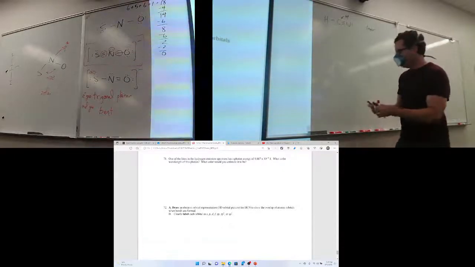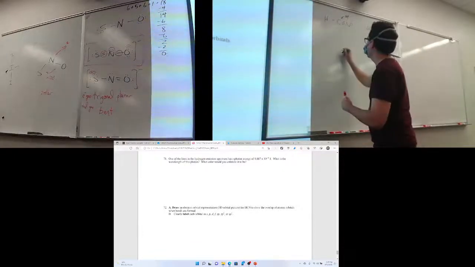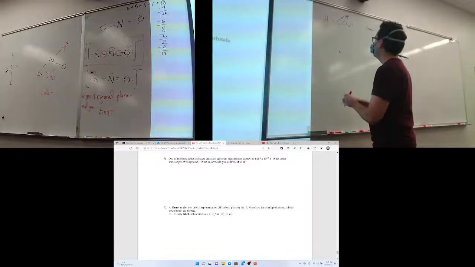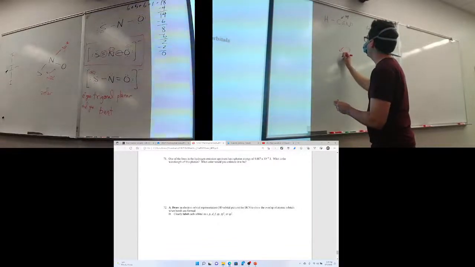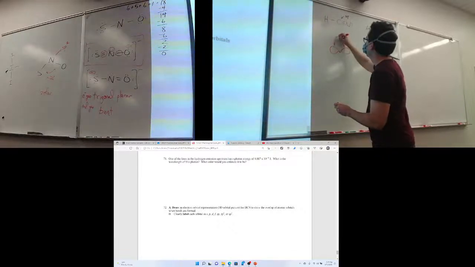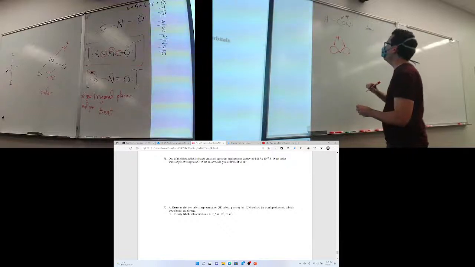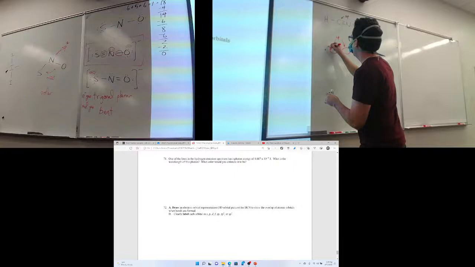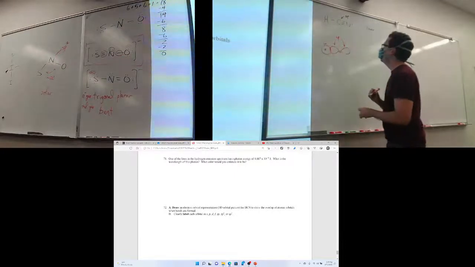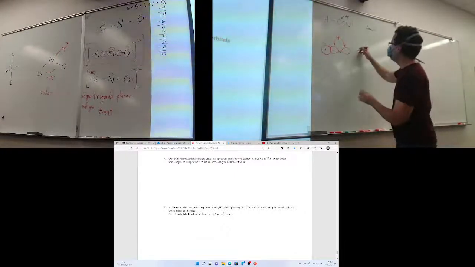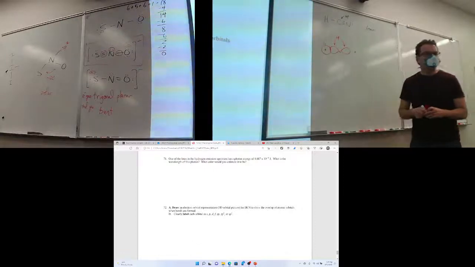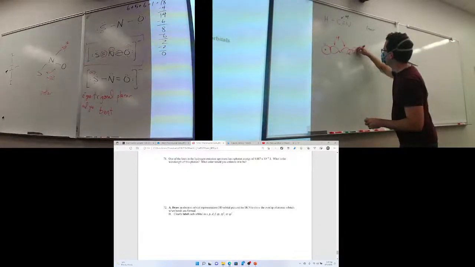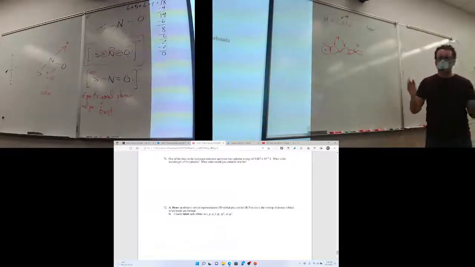So knowing that, I'm going to start with a carbon in the center, and there's going to be an sp hybrid orbital pointing that way, and an sp hybrid orbital pointing that way. And on this side, there's going to be a hydrogen with a 1s orbital. And on this side, there's going to be a nitrogen with just a regular p orbital. It's a 2p orbital. That's not hybridized, just a regular 2p orbital.